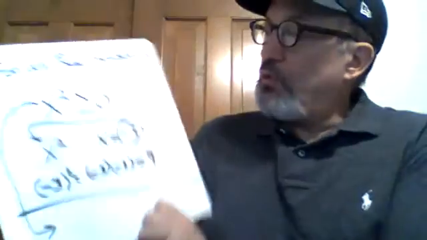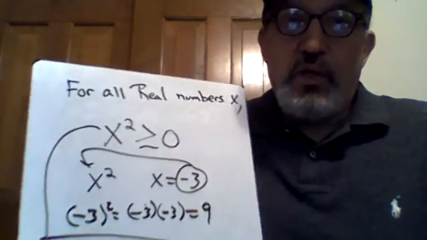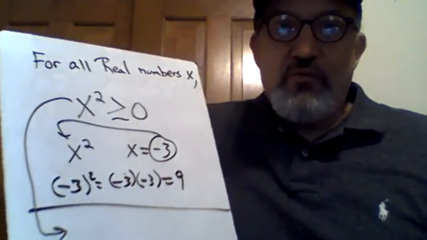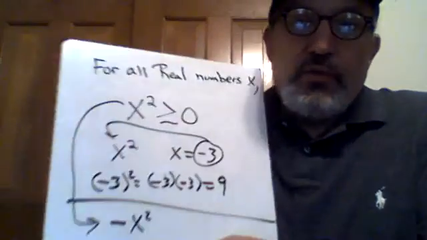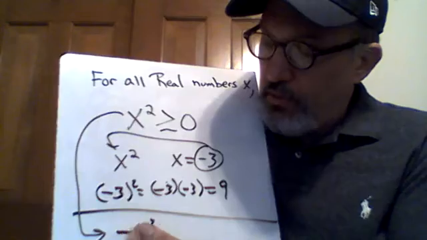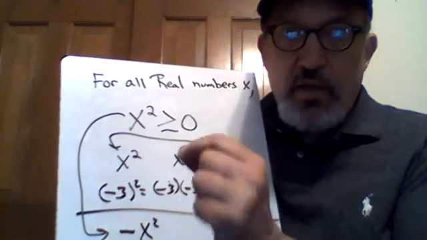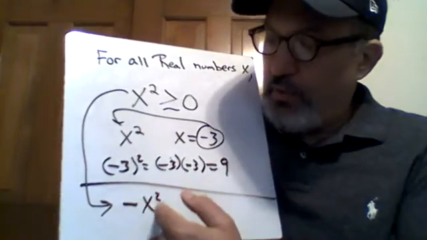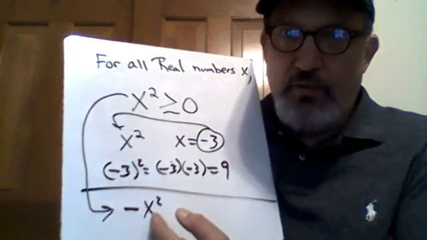And something that flows directly from this observation, that for any real number x, x squared is always greater than or equal to 0. Well, what if we put a minus sign in front of the x squared like this? Consistent with what we said before, we do not see this as negative x times negative x. We see this as the opposite of x times x, the opposite of x squared.